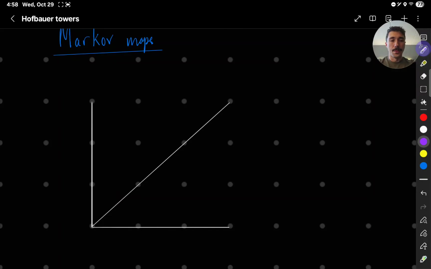Now I'm going to draw the graph of this map. So we'll say this is x down here, and this is f of x over here. And maybe the map looks something like this.